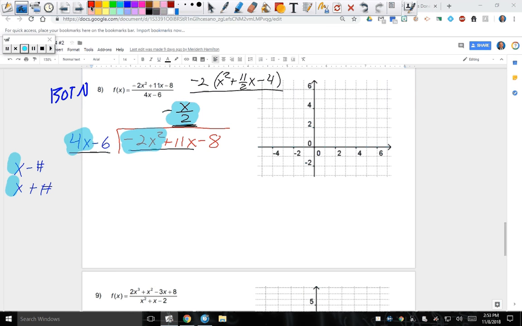Then you could factor out 2 on the bottom, so that these 2's cancel, and the remaining piece of the VA would probably be at 3/2, because we're going to set that piece equal to 0. So at 3/2 is where that VA would be.